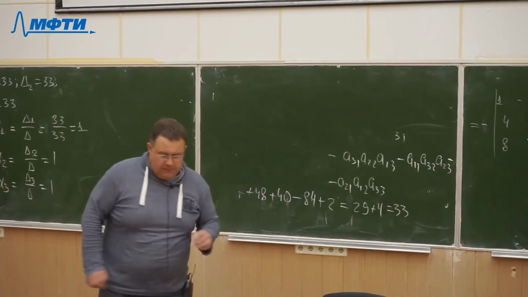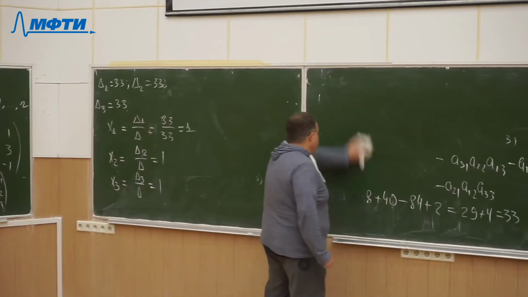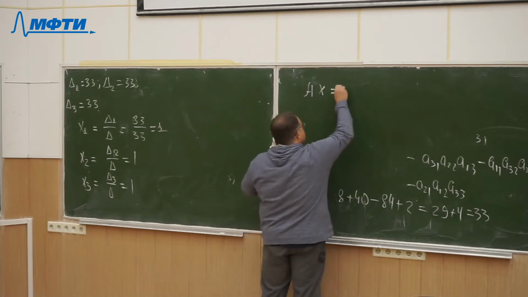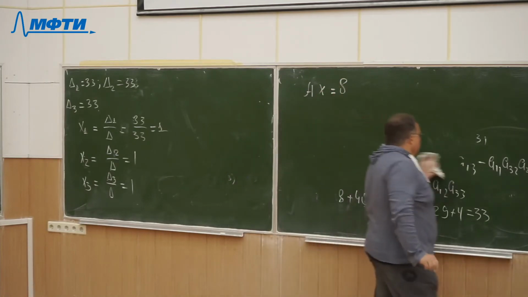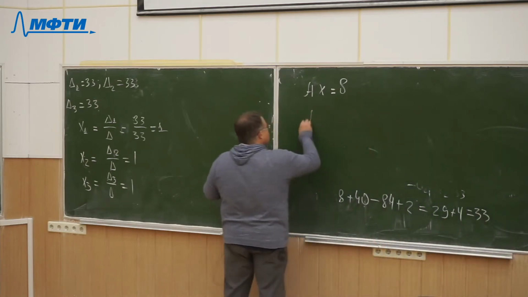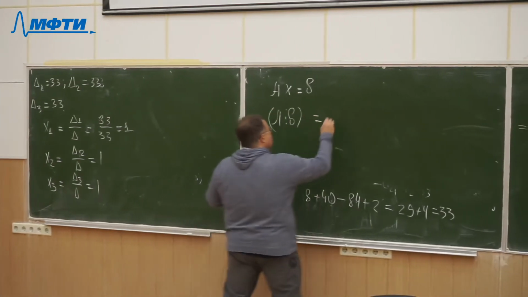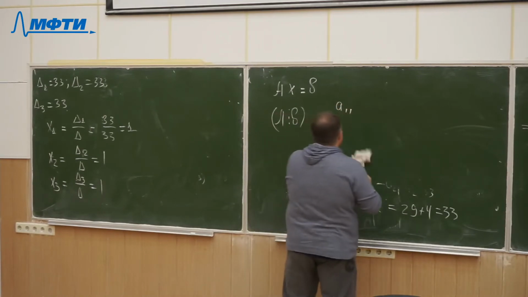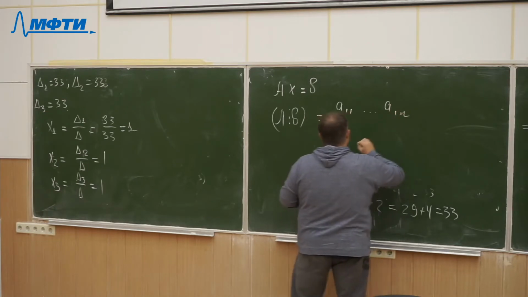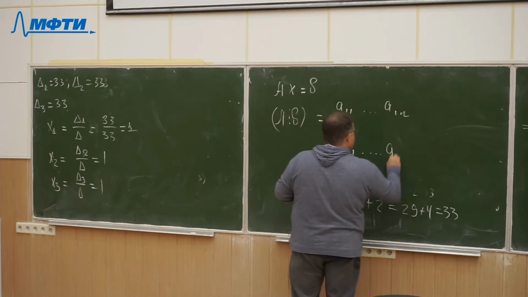When we write the system of linear equations in matrix form, namely A times X equals B, we can write the so-called extended matrix of the system, (A|B), equals a11, etc., a1n, am1, etc., amn.